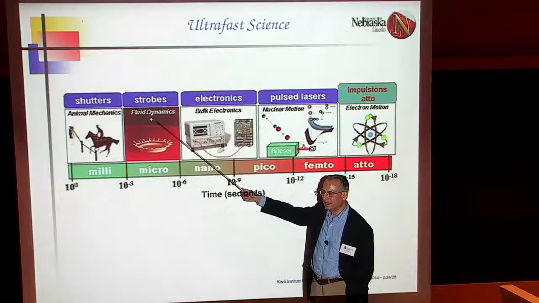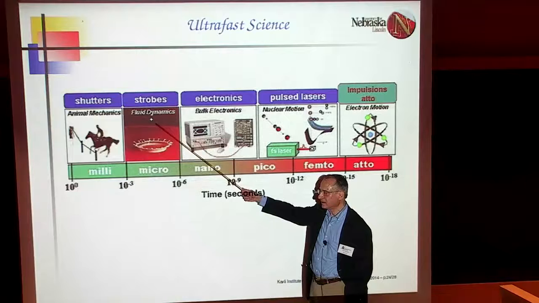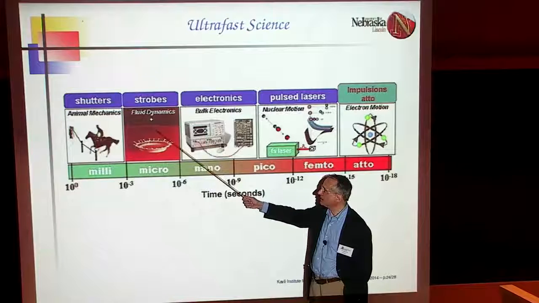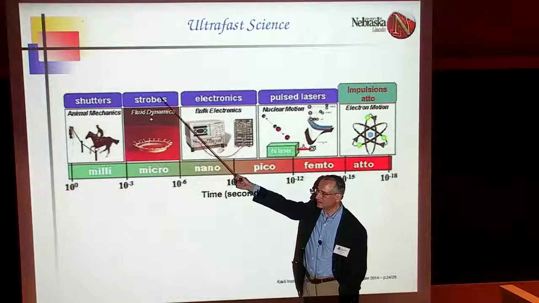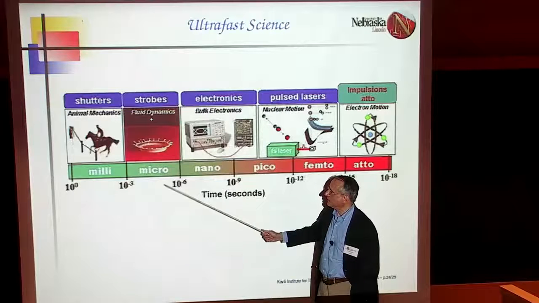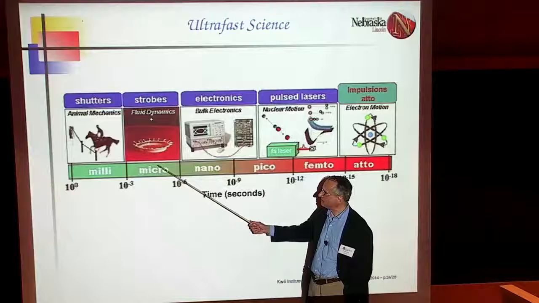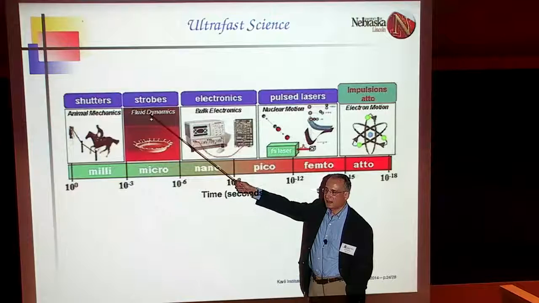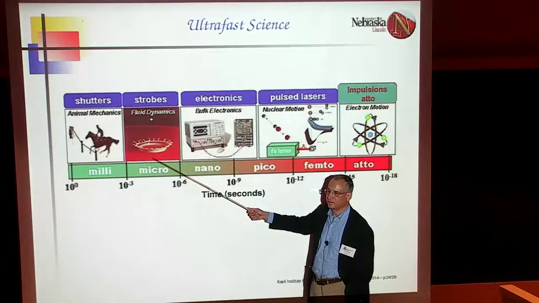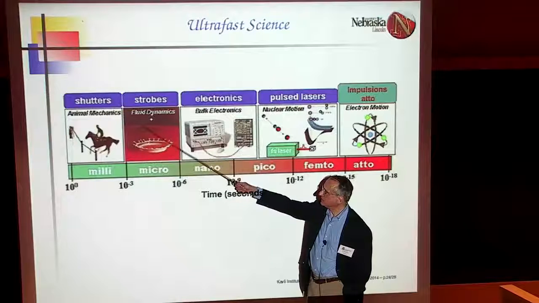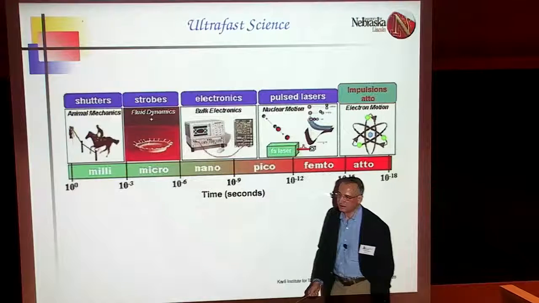Another fellow Nebraskan who became famous was Edgerton. He became a professor at MIT, and he studied through strobe light photography events that happen on a millionth of a second, microsecond. This is a drop of milk falling in a pool of milk. This is a picture of the splash it makes.